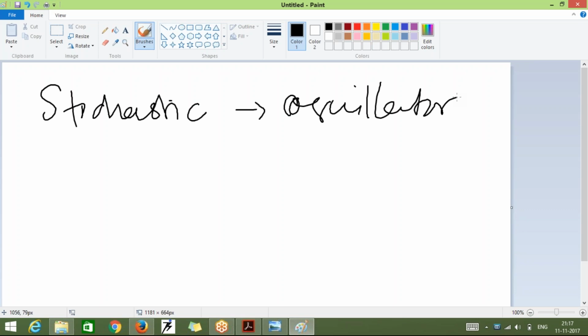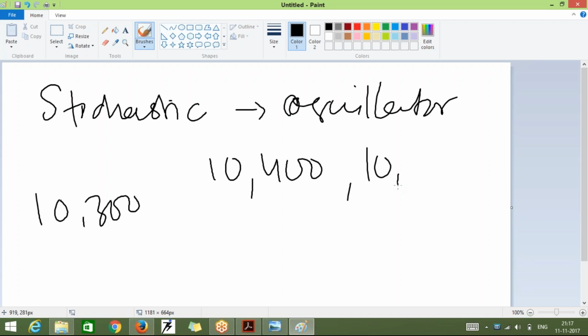Now, before moving to stochastics, a very common problem, or you can say the drawback, of these momentum indicators, these oscillators, is that frequently they will show you wrong signals. Suppose Nifty is now around 10,300. It moves to 10,400, then 10,450, and goes on.